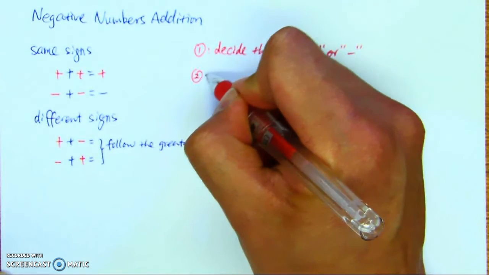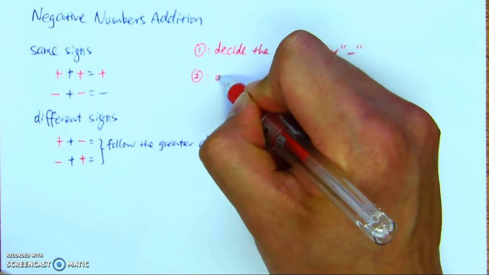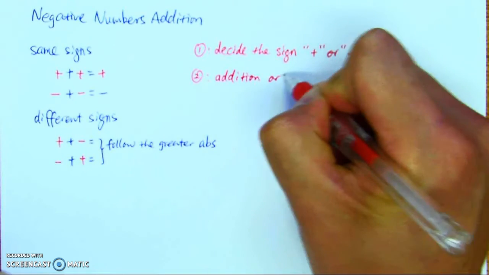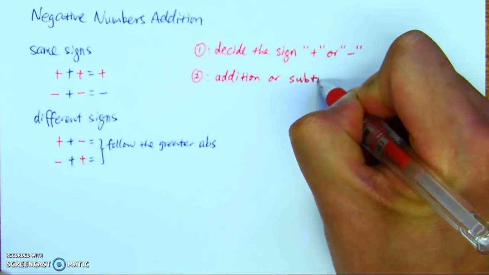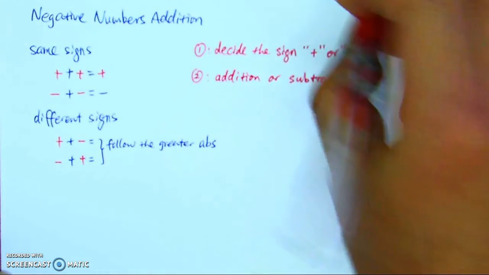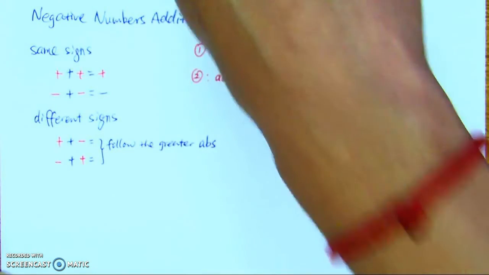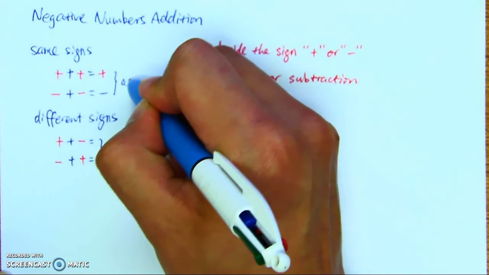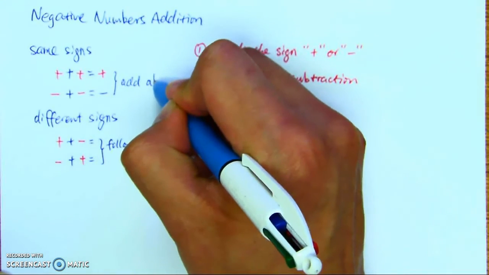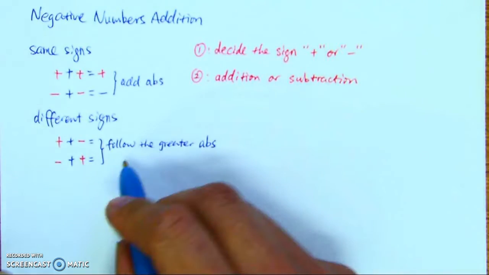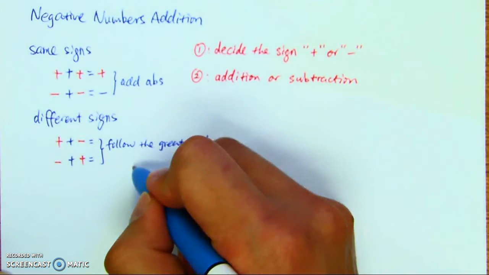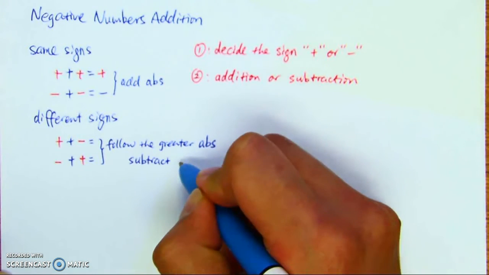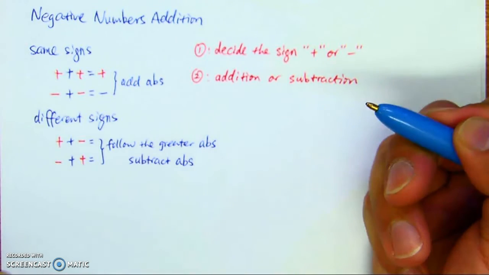Second, you have to decide, are you going to do addition or subtraction? In class we said if they have the same sign, we do addition, so you add all the absolute values. And if you have different signs, that means you need to do subtraction, so you subtract all the absolute values.